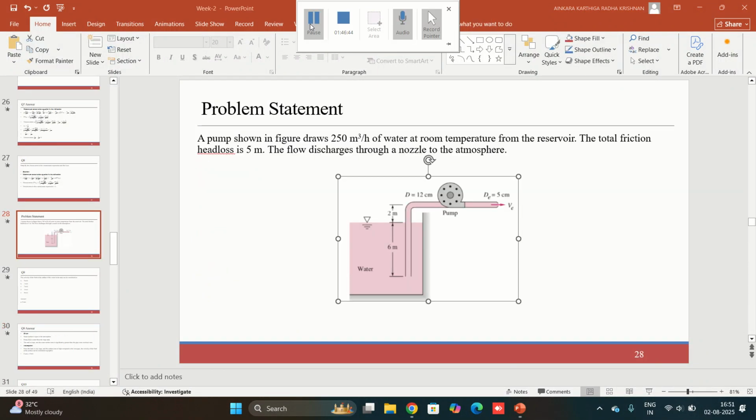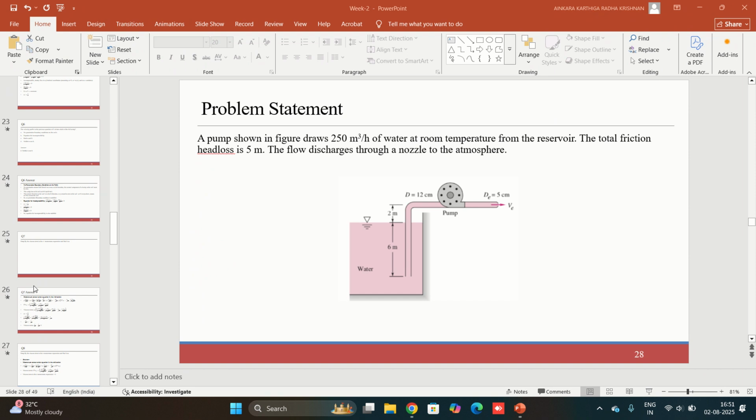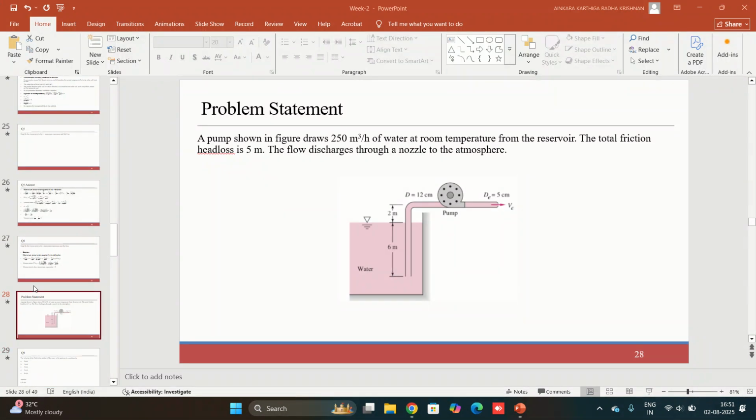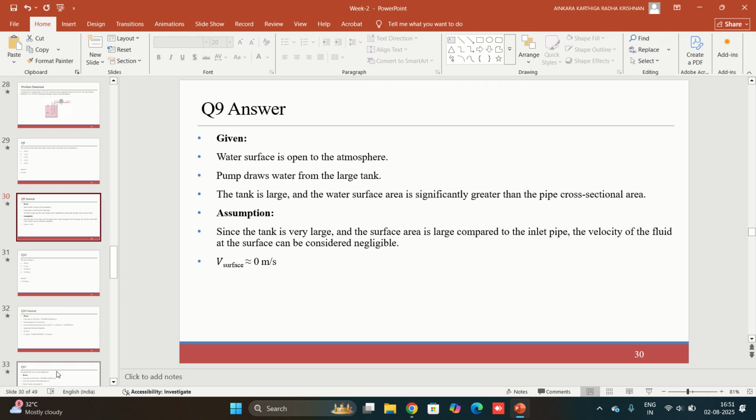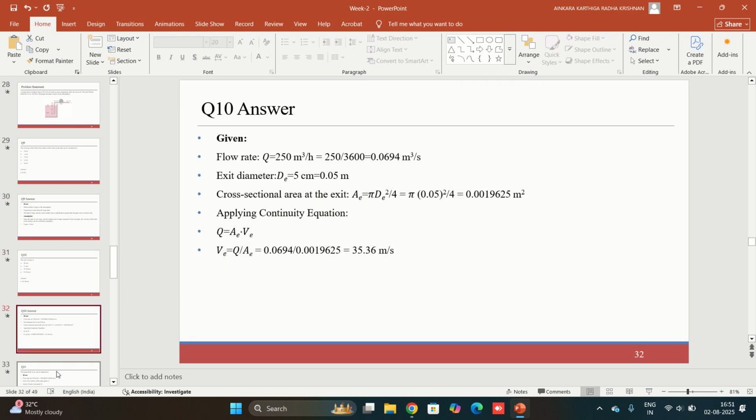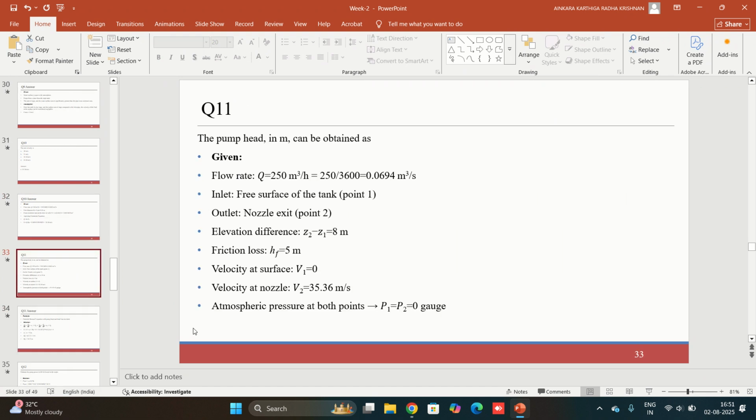Okay, just a small clarification which I want to give here in problem 11, where we are substituting in the elevation. I mentioned one thing wrong in this problem.